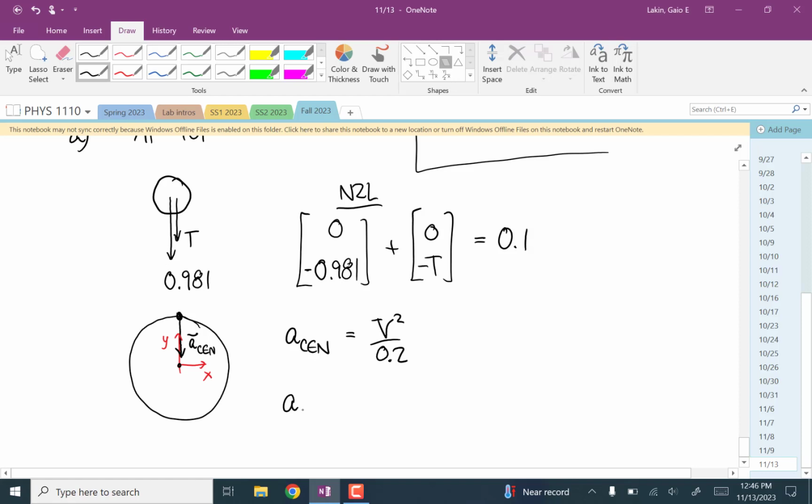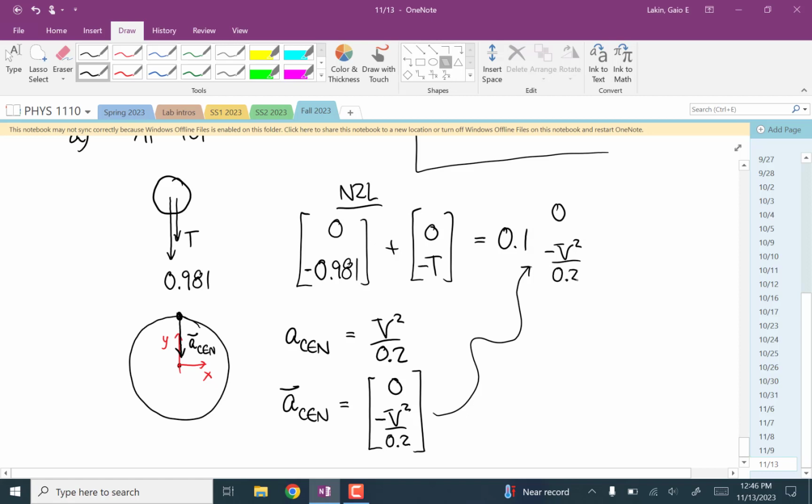And so the centripetal acceleration vector is 0 negative v squared over 0.2. Well, that's our acceleration, so now we can put that in here. So this is 0 negative v squared over 0.2.